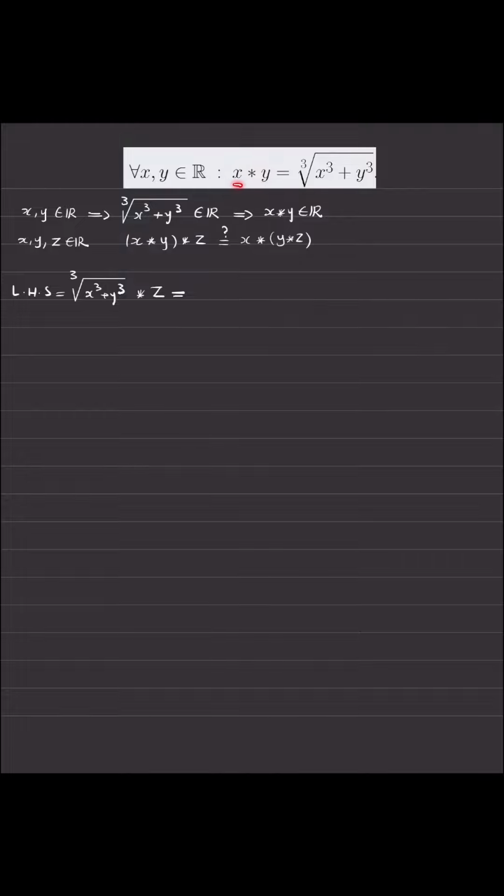X is the first number, y is the second number. The first number star the second number is defined in this way: the cubic root of the first number cubed plus the second number cubed. But here this is my first number and this is my second number, and I want to star them.